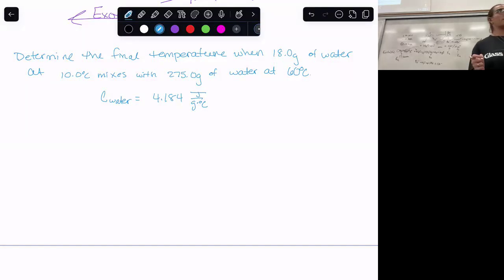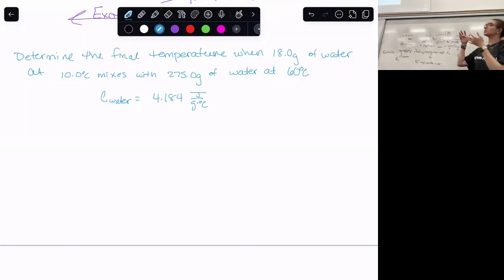Okay, so what kind of question is this one, or what equation do you think we're going to need? Is this a bomb calorimetry question? No, right? In this case, we're just taking two liquids at different temperatures and combining them together.